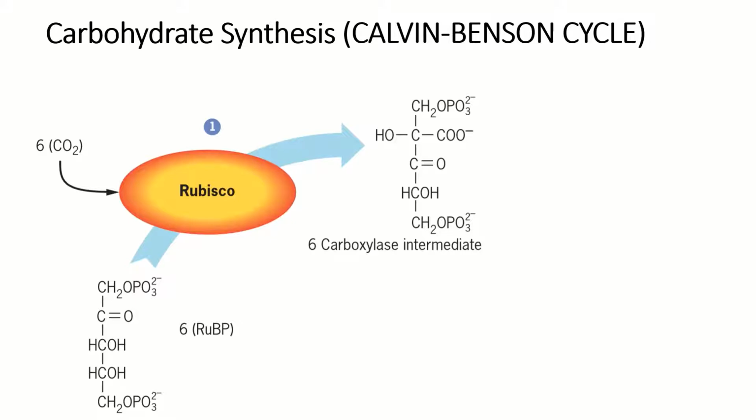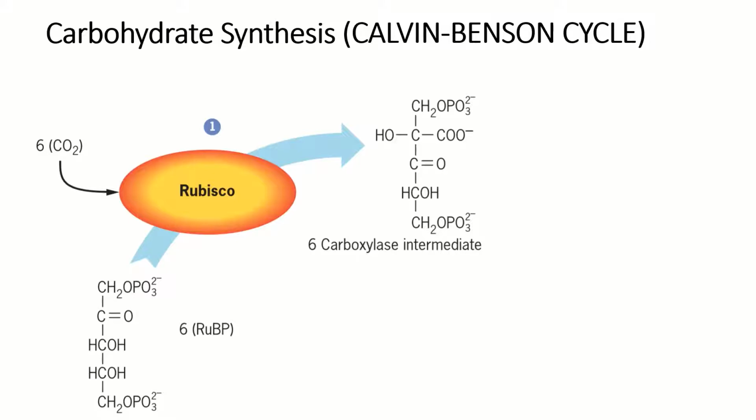That's because this enzyme has two tendencies. It can either work with the carbon dioxide, which is the normal thing for plants, or it can incorporate oxygen, which is a little bit detrimental to the process of carbohydrate synthesis.